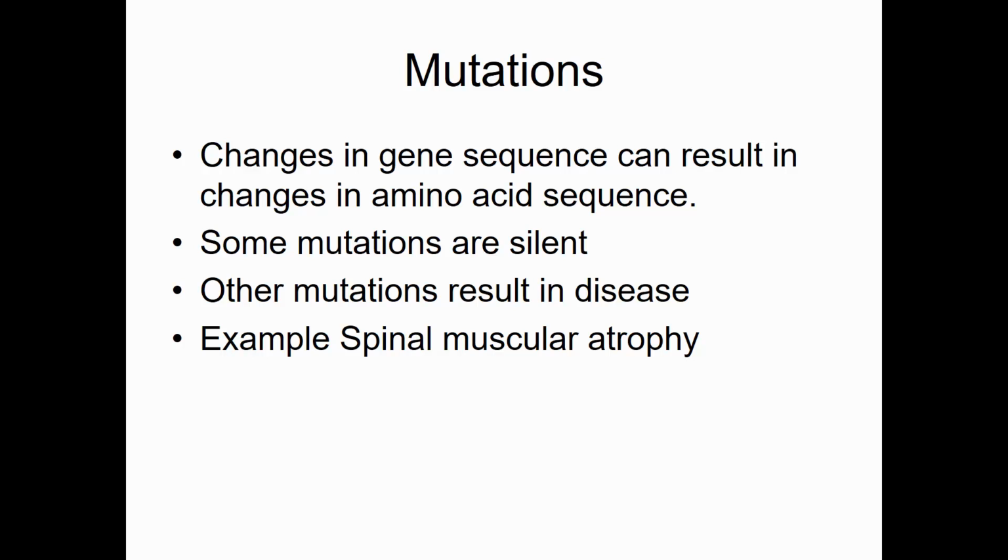Mutations are of differing severity. Maybe there's a point mutation in which only 1 amino acid is changed. Now that can cause quite a big deal. Sickle cell anemia is a point mutation. There's 1 change in an amino acid, but you go from a normal hemoglobin to a hemoglobin that makes a cell sickle.